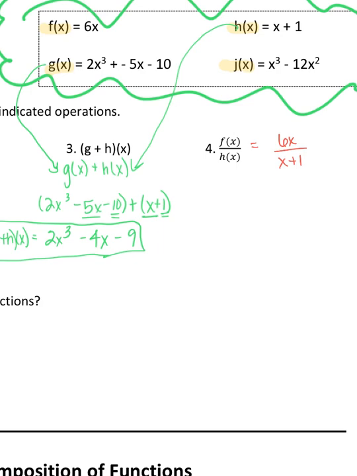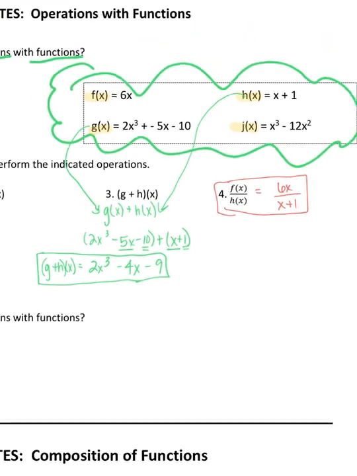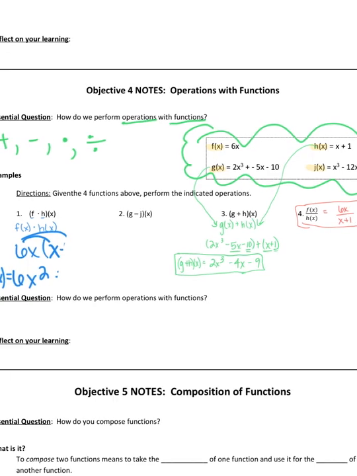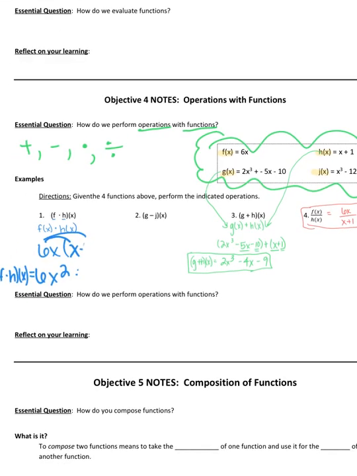And there are no common factors here. So that is the expression f of x divided by h of x. Okay, so be careful. Do not cross out the x's there. That would not be a legitimate simplification. So that is, in a nutshell, how to add, subtract, multiply, and divide functions.